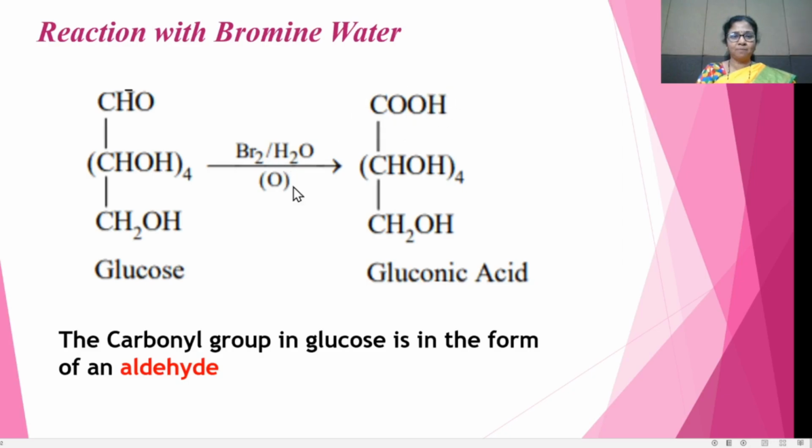The formation of gluconic acid indicates that the carbonyl group in glucose is in the form of an aldehyde, because only one COOH group is formed.